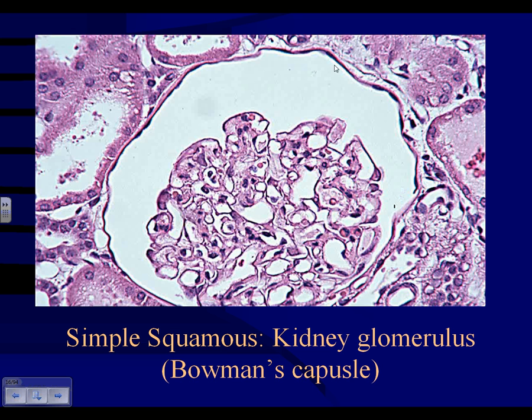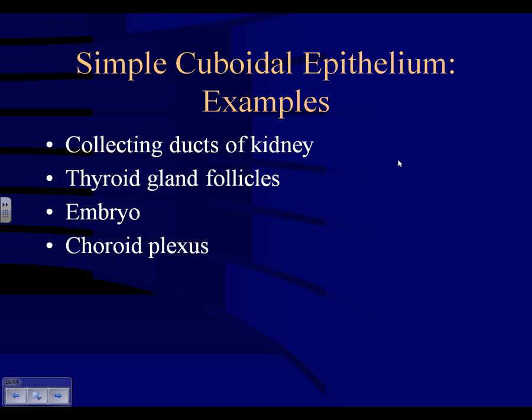And then this is Bowman's space, this empty space, and Bowman's capsule is here. And you can almost see these attenuated cells. Attenuated means thinned out and skinny. That's a word we use a lot, attenuated. This attenuated epithelium lining Bowman's space is an example of a simple squamous epithelium. There aren't too many examples of simple squamous epithelium.